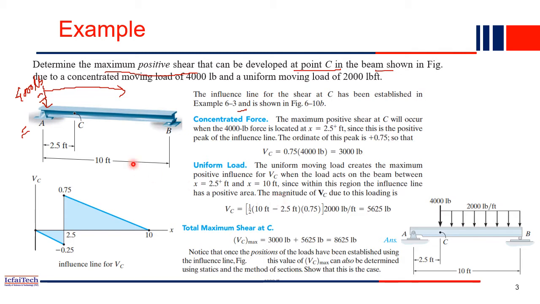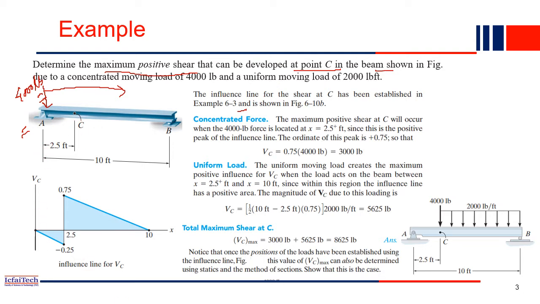Can anyone tell me? If you see at C, when the concentrated load is just above this point C, then you will get the maximum shear force at this point. So let's do it.